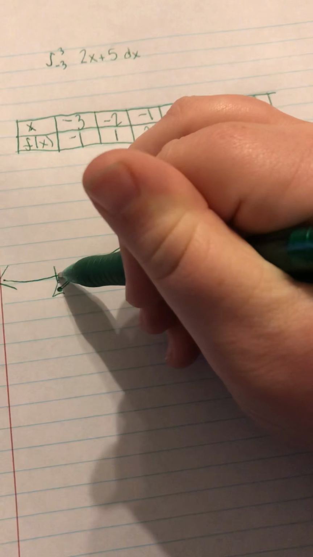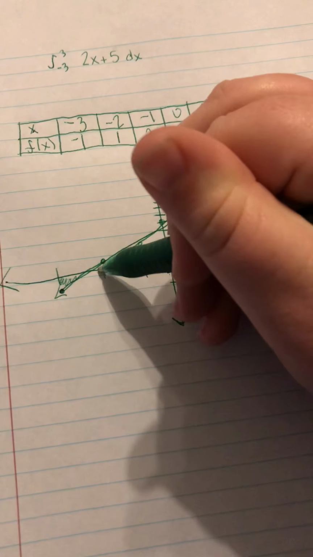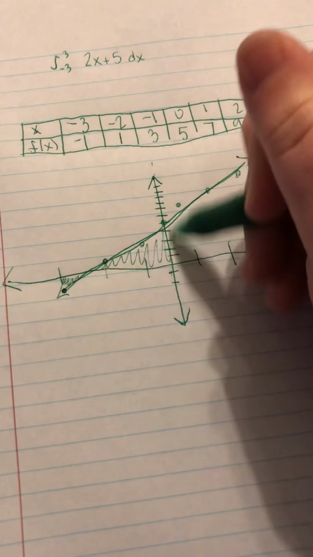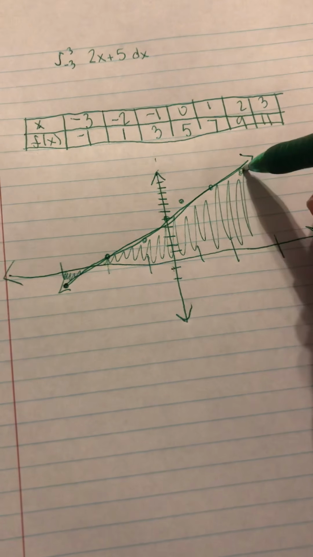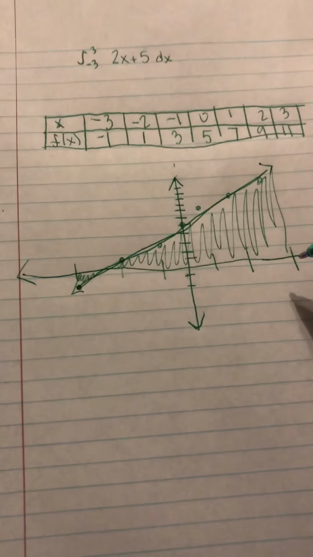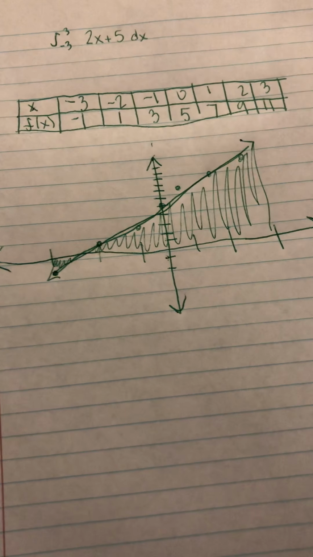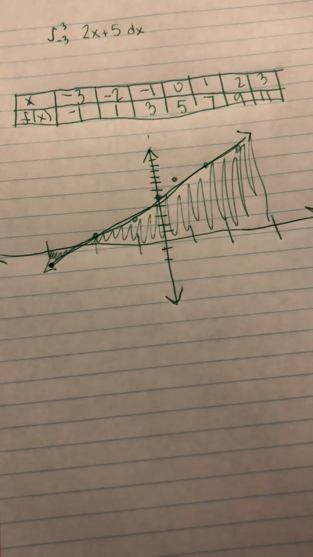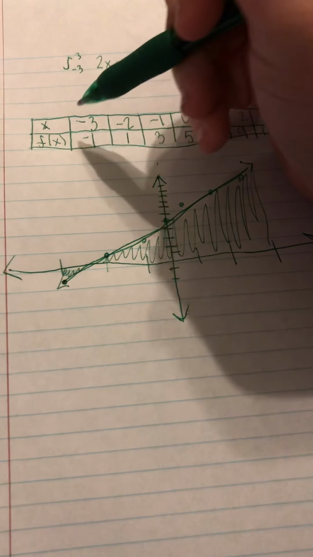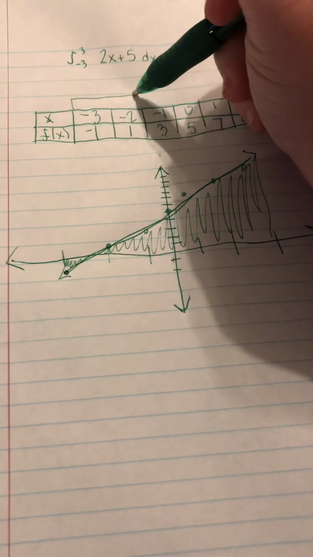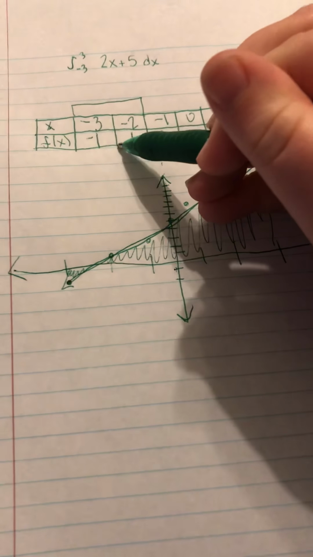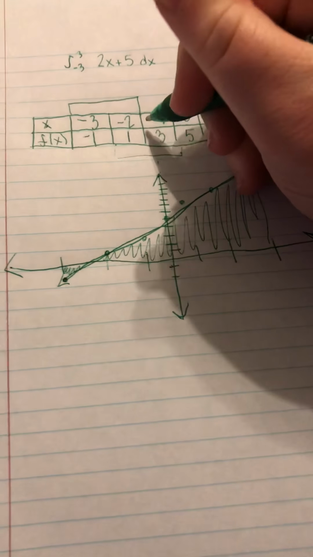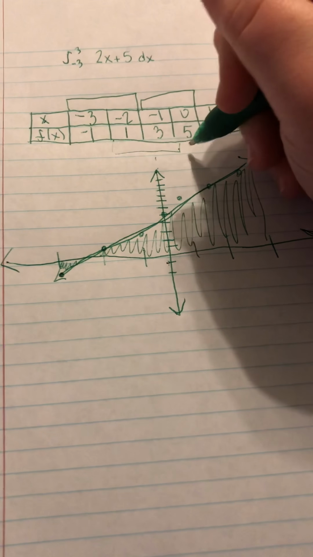So we are trying to find all of this using rectangles. So our first rectangle is going to be from here to here, and these are all of our rectangles.